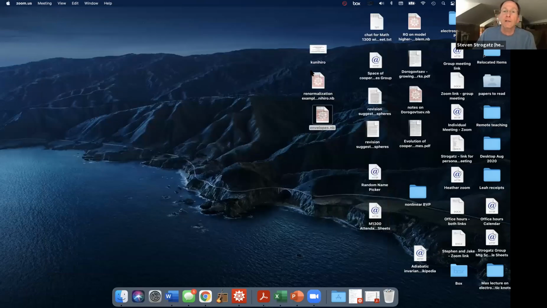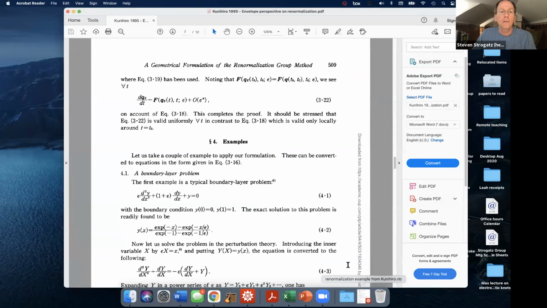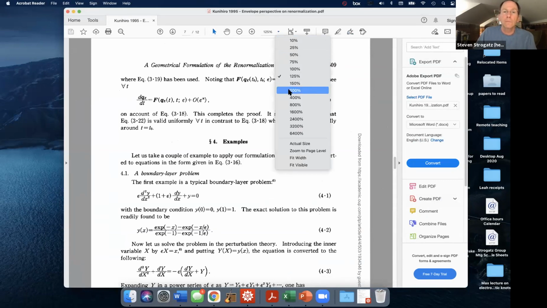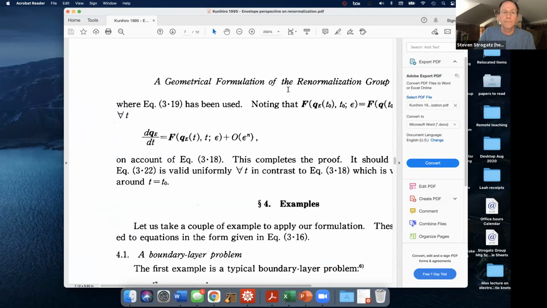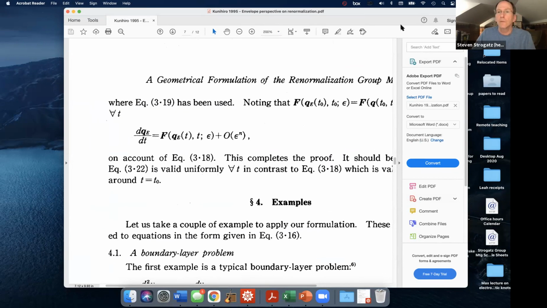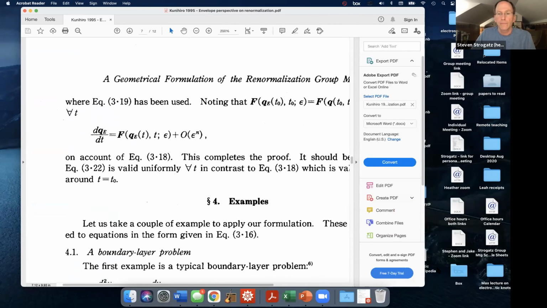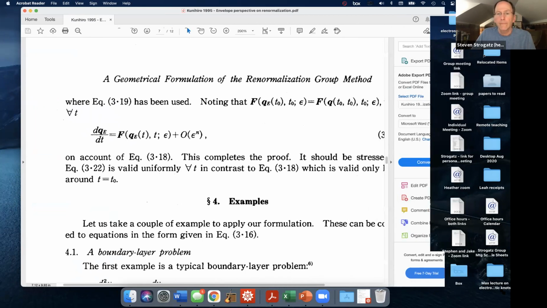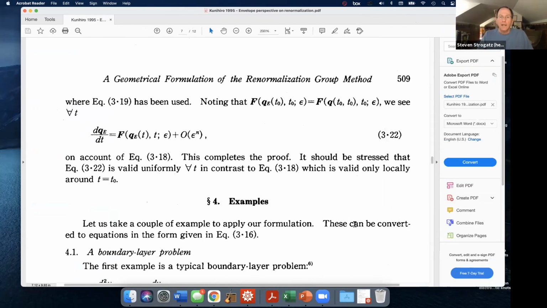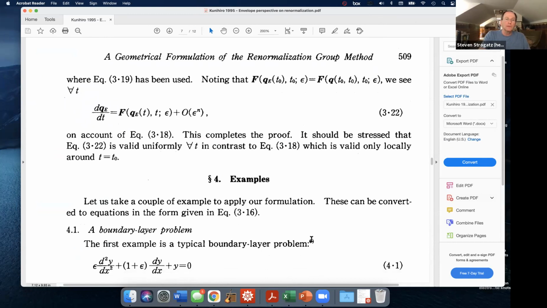Tell me if it's not big enough. So let's find it. Here. Okay. How's that for visibility and readability? Fine.